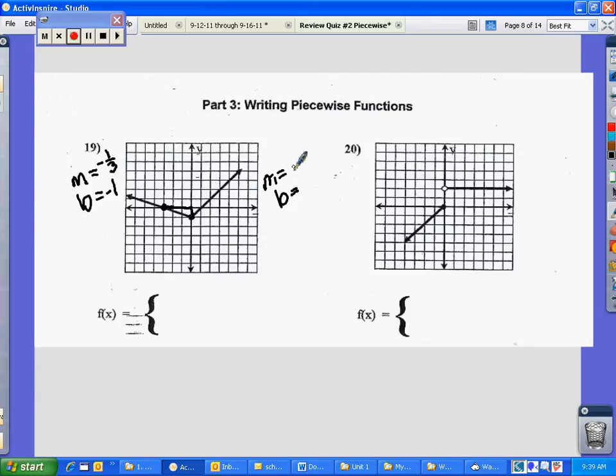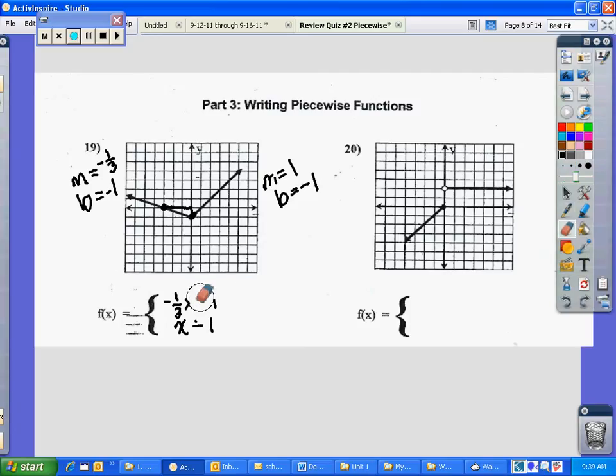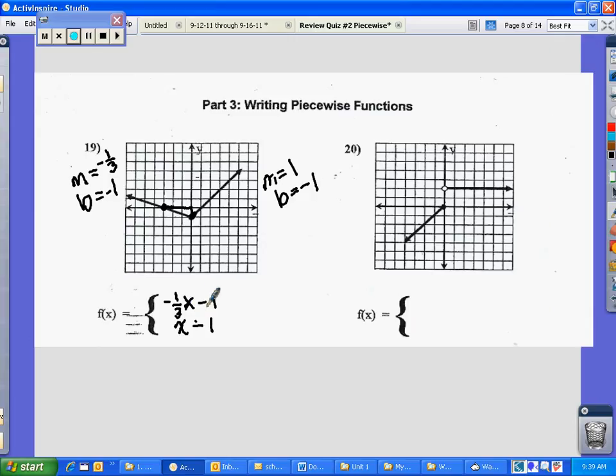For the other piece over here, my slope is up 1 over 1, and it has the same y-intercept right here at -1. So now I'm going to write my equations for each of these. My equation for this piece is going to be -1/3 x plus 1. My equation for this is going to be 1x, or just x minus 1. Oops, that should be plus a -1. So you can either do plus -1 or just -1.